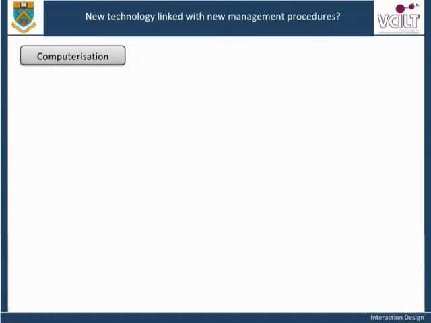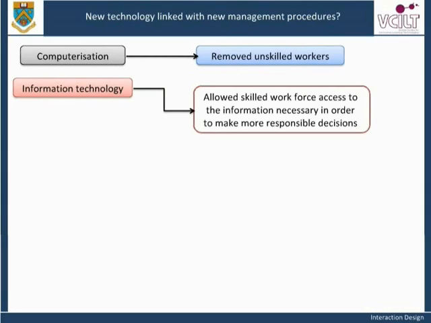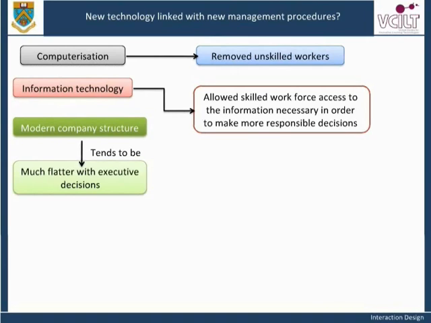Computerization has to a large extent removed unskilled workers, and information technology has allowed the skilled workforce access to the information necessary in order to make more responsible decisions. Therefore, modern company structure tends to be much flatter, with executive decisions dispersed among employees who have much more responsibility for themselves and their actions.